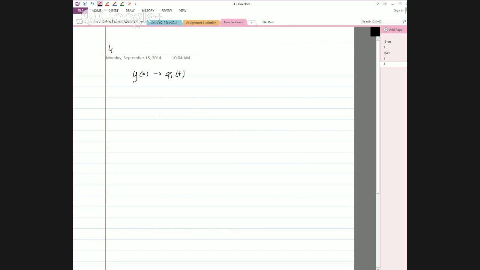All right. And so this is section 2.7. So this is the stationary value of an integral subject to constraints.